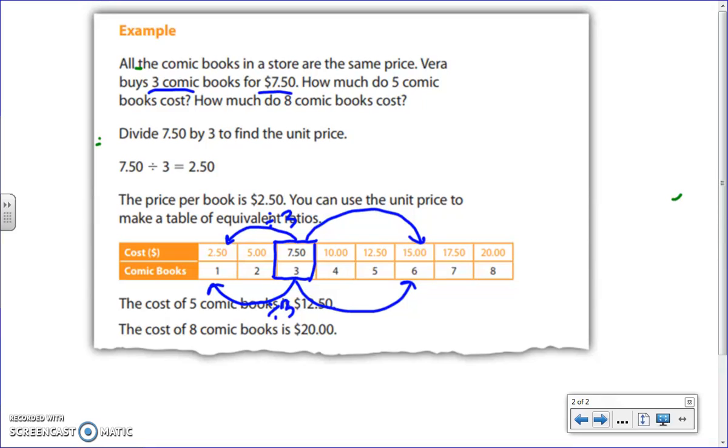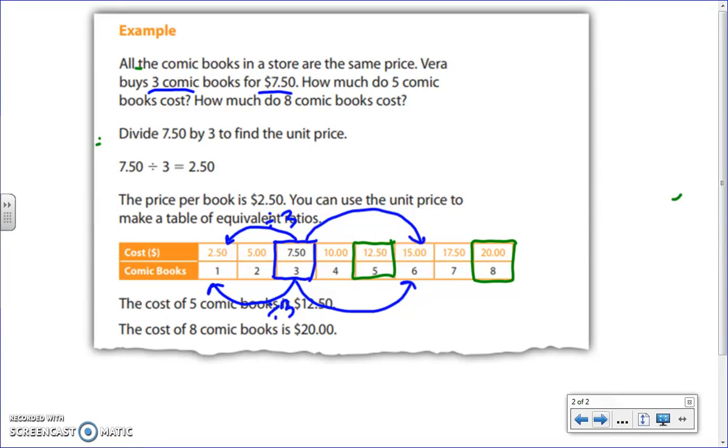So I can figure out a lot of different values in my table once I know the unit price. In this case, I could just double 1 to get to 2. I can add certain numbers up to find the value that I'm looking for. On the table, the values that I need to find are how much it will cost for 5, and how much it will cost for 8.